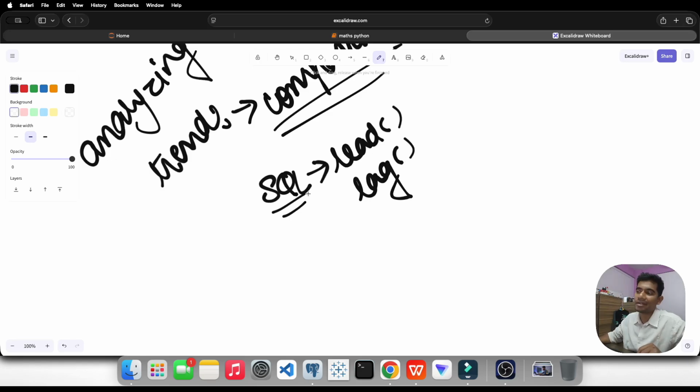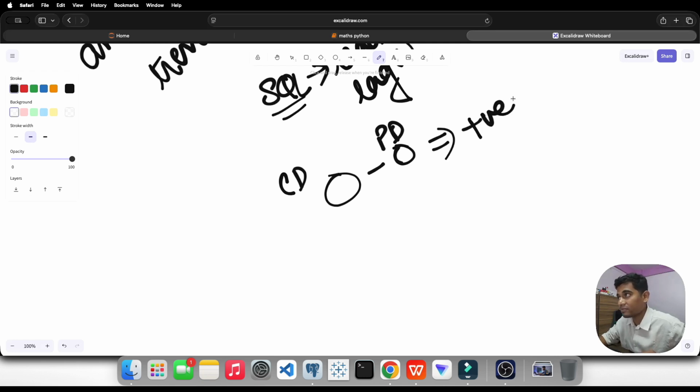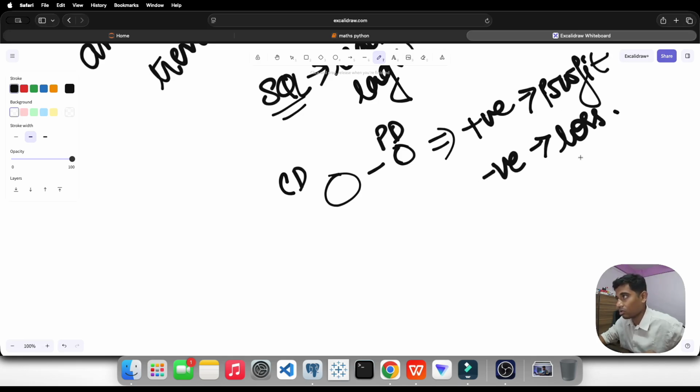What we do in lead and lag is we just compare current data with the previous data. We do the subtraction. If the output is positive, that means profit. If the output is negative, that means loss.